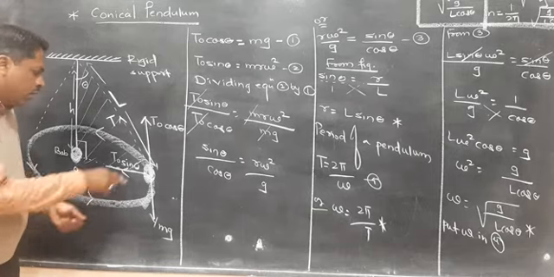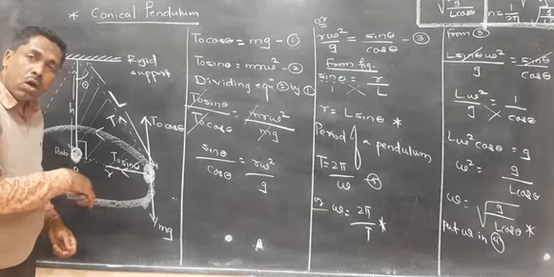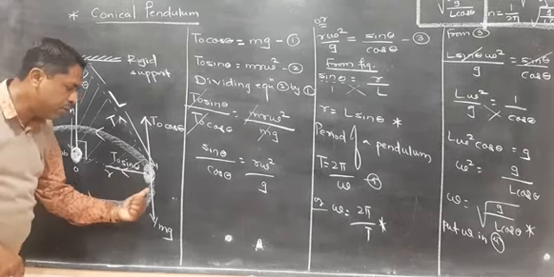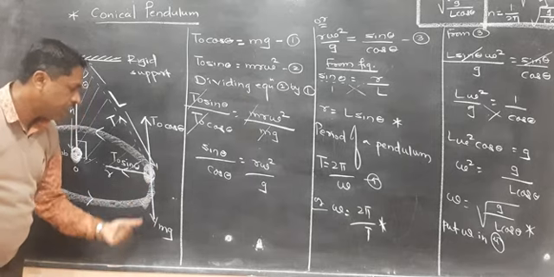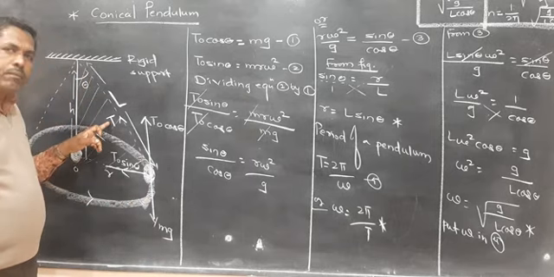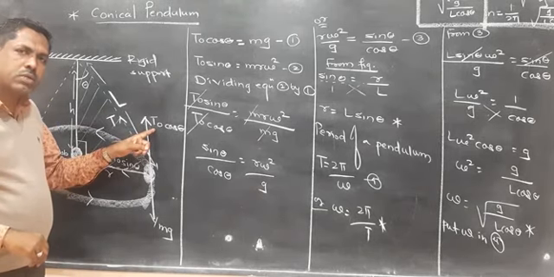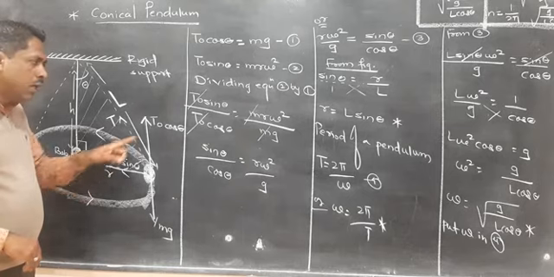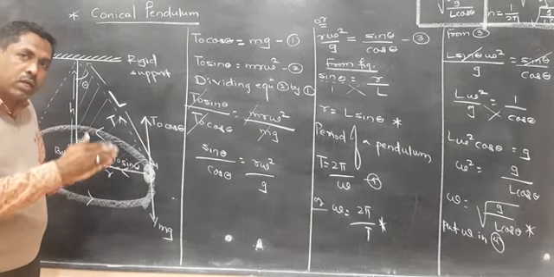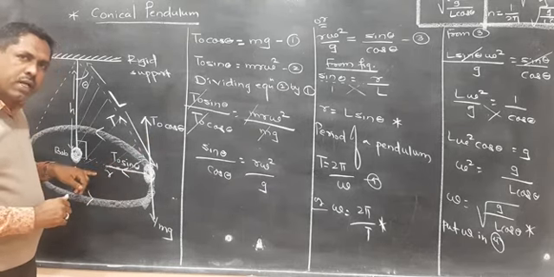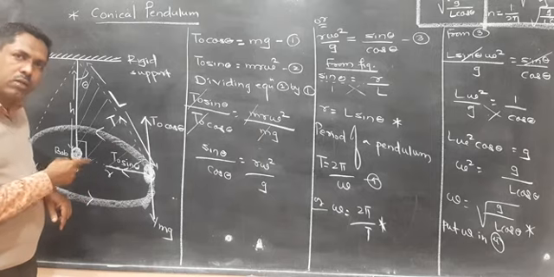Whenever the pendulum is performing horizontal circular motion, its weight mg acts vertically downward and tension is applied to the string. But the tension is divided into two components, T0 cos theta and T0 sin theta. T0 cos theta acts as the vertical component, T0 sin theta acts as the horizontal component.